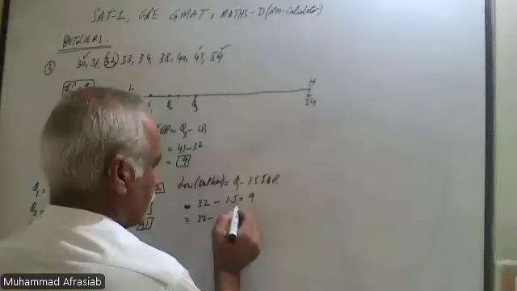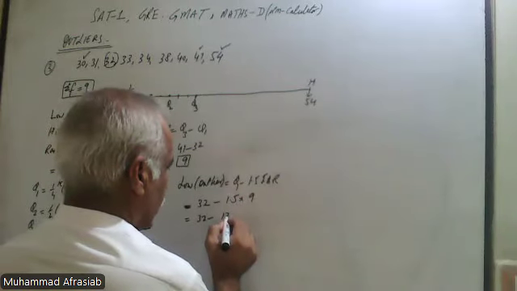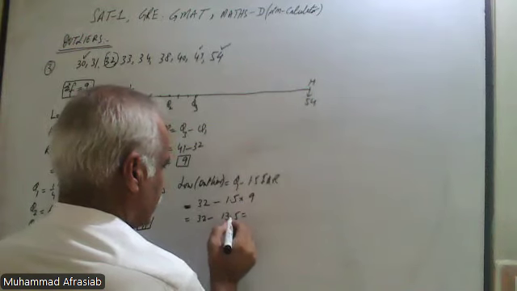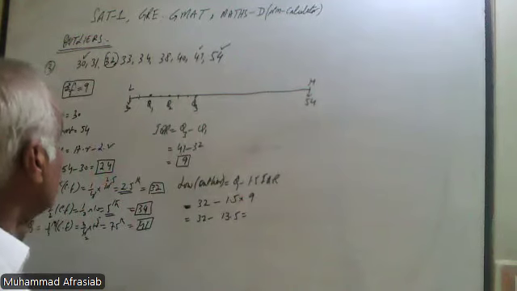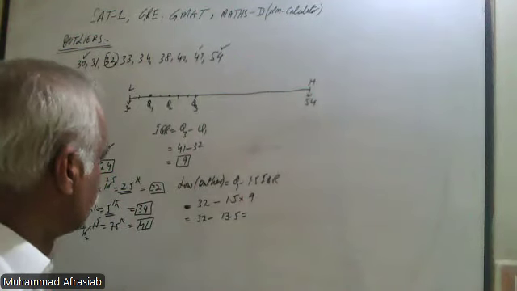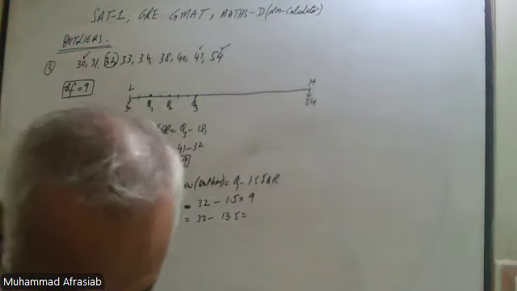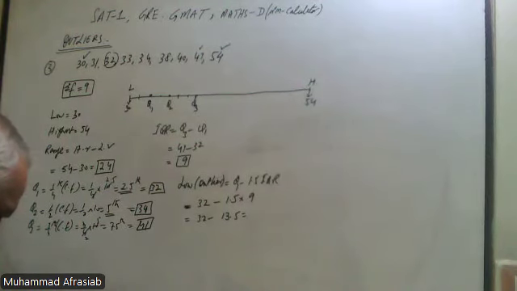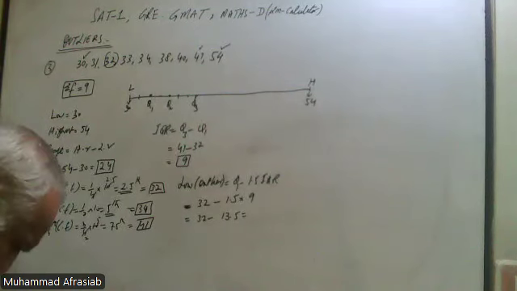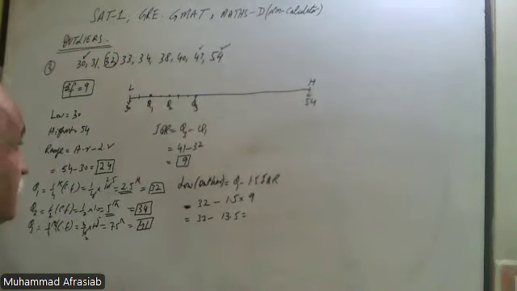So 32 minus 13.5, and that thing is equal to 18.5.